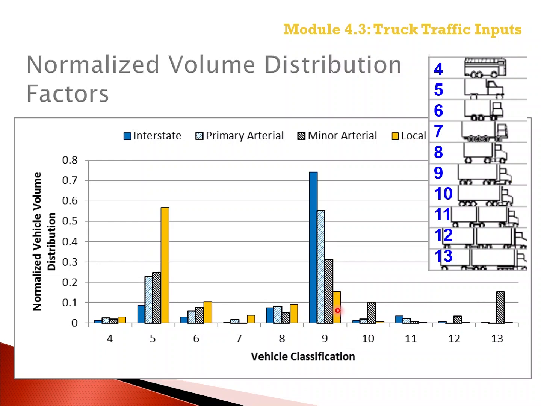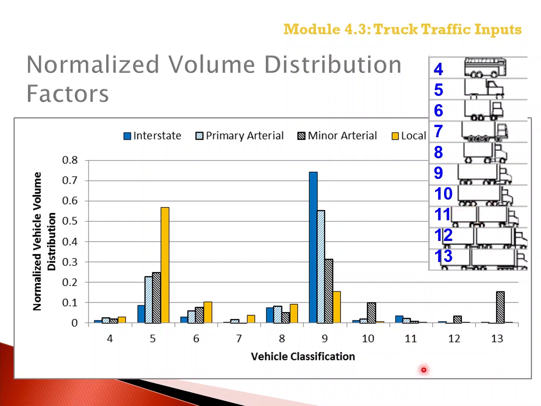And then class 4 is the buses, class 5 single units, class 6 is single units with a tandem, class 7 single units with a tridem axle, class 8 is a single unit truck with 2 singles and a steering axle, class 9 is a combination of tandems and single axle or single steering axle. Class 10 is the tractor trailer similar to a class 9, but with a tridem axle.